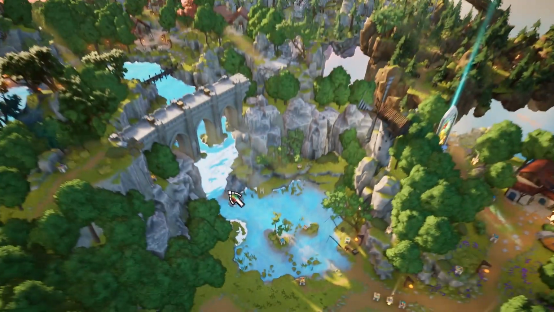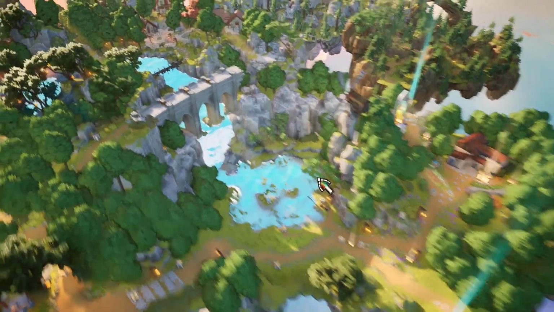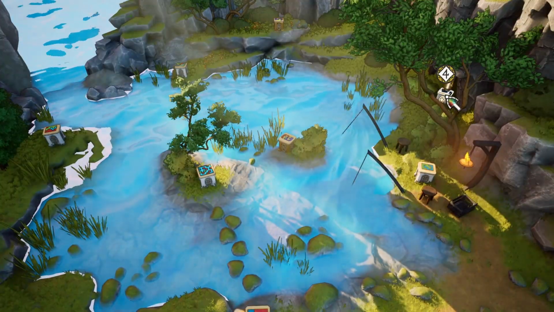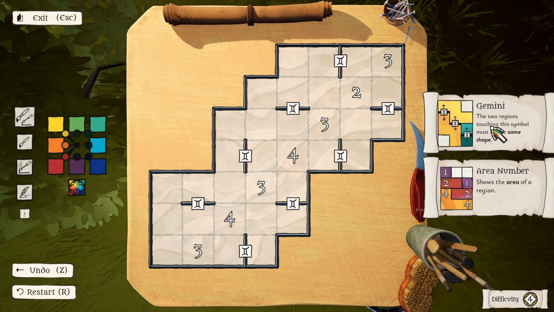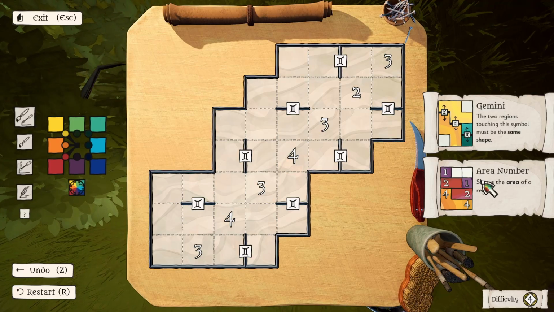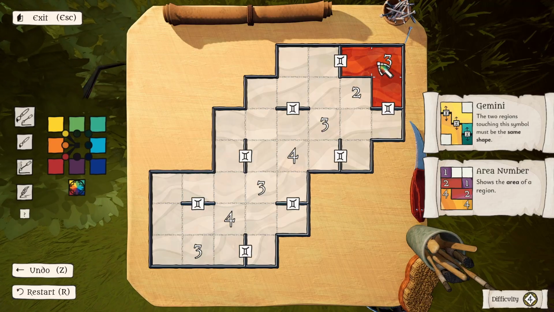We've got a handful of them to go here, including one that's hiding behind this tree. We've got Gemini, which means we must have the same shape and area number. That has to do that.